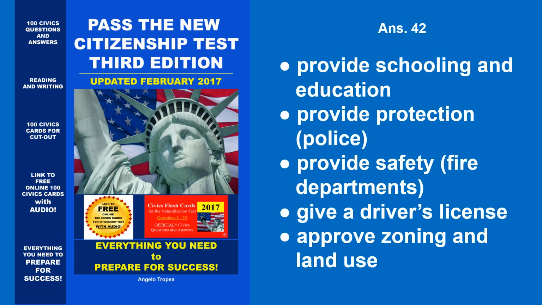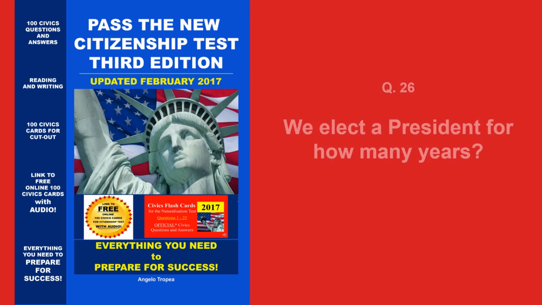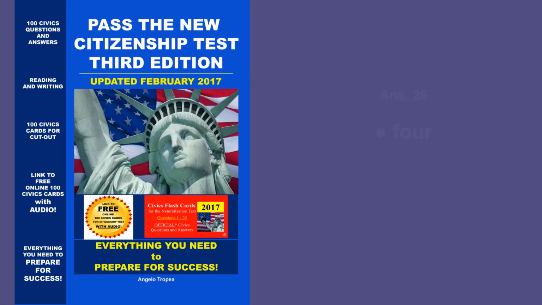Provide schooling and education, provide protection, police, provide safety, fire departments, give a driver's license, approve zoning and land use. We elect a president for how many years? 4.